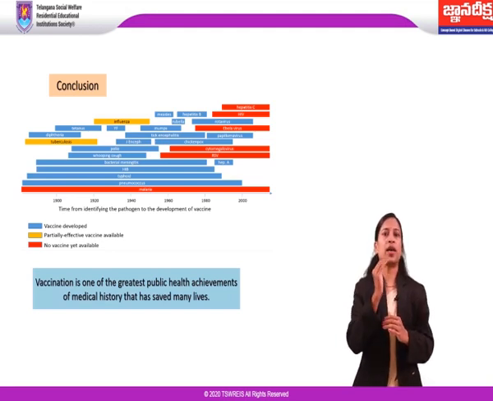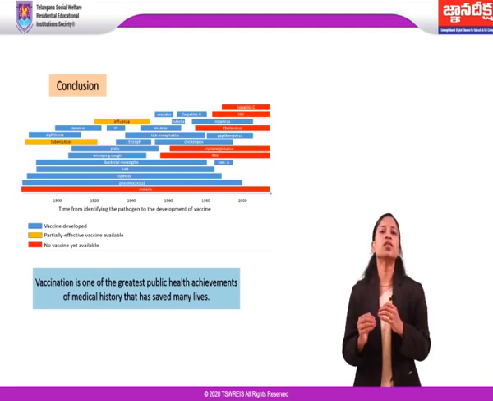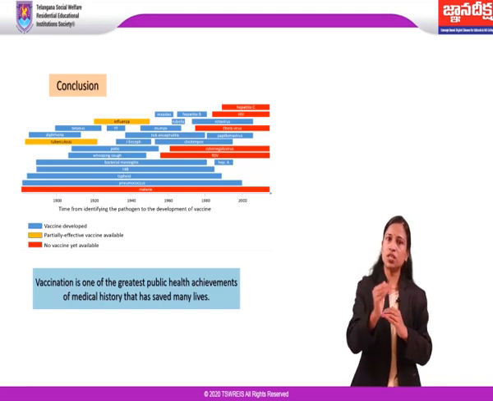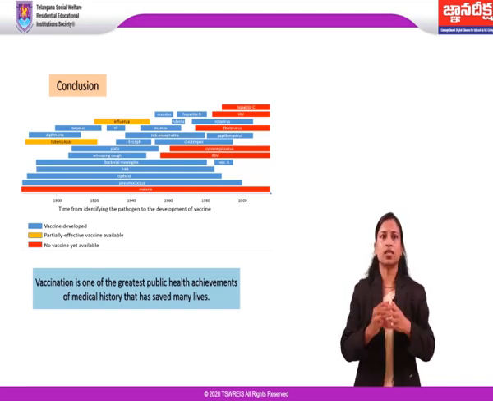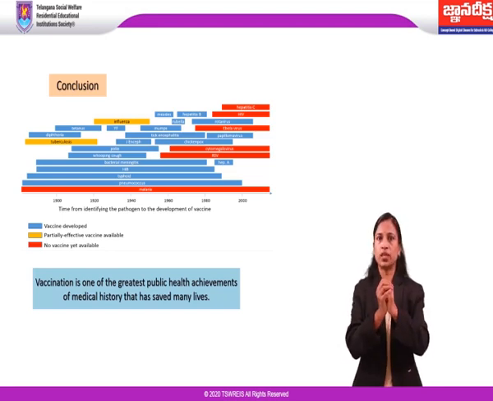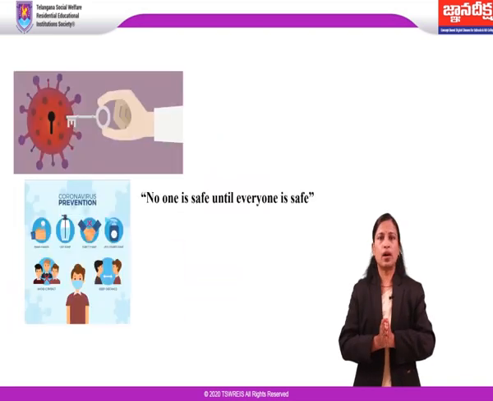In order to keep pace with new threats, research and development must continue with the same intensity that we have seen in recent months. Until we find a vaccine for COVID-19, everyone should follow the guidelines for preventing the spread of coronavirus. No one is safe until everyone is safe.